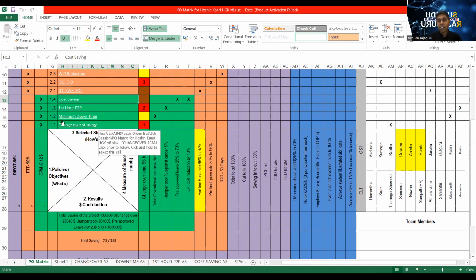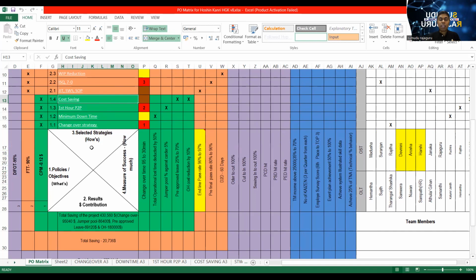That is why, as I said in previous slides, we are allocating the responsibilities to the overall team in the organization. So these are the leaders. Under a leader, there can be several subordinates. Every subordinate is responsible to achieve the results of this project. So this is the X matrix.